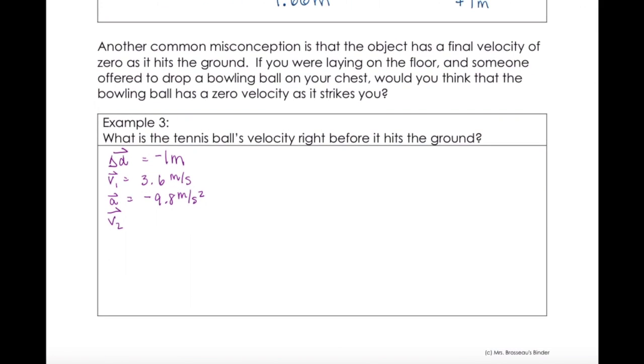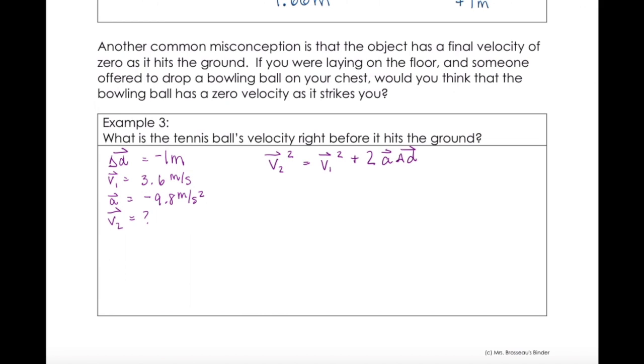So now we can plug it into an equation. Okay, so we'll use the equation that we had before. So final velocity squared equals initial velocity squared plus 2AD.